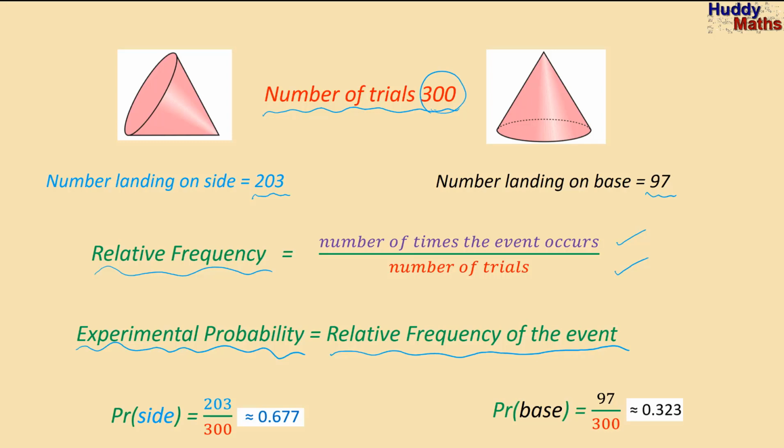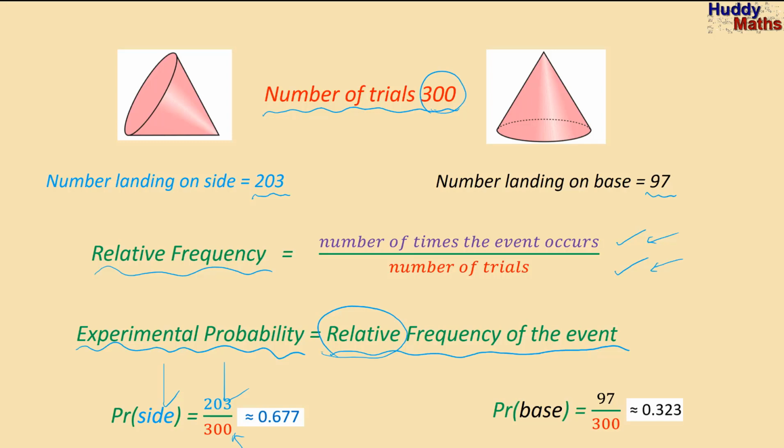So we're doing an experiment, we're measuring the results and working out fractions. The frequency relative to the whole. Here it is, there's its frequency relative to the total number of trials. So what would it be? What's the probability of getting a side? Here it is, 203 over 300.